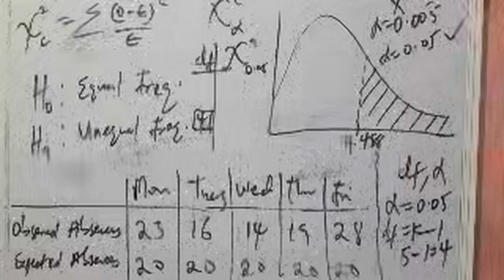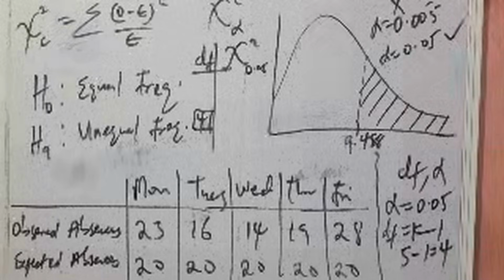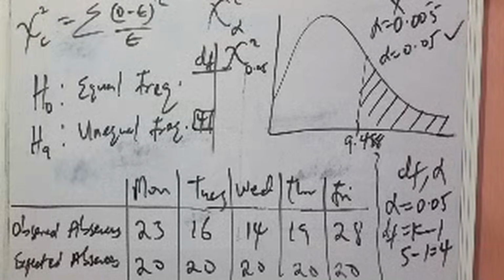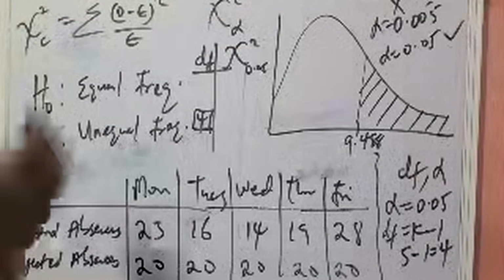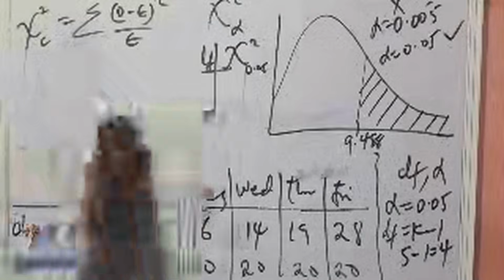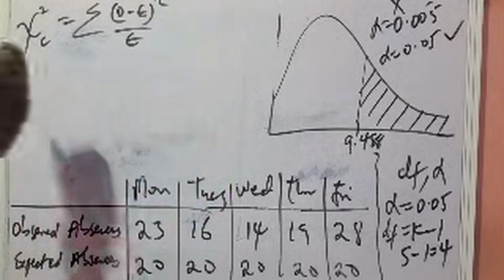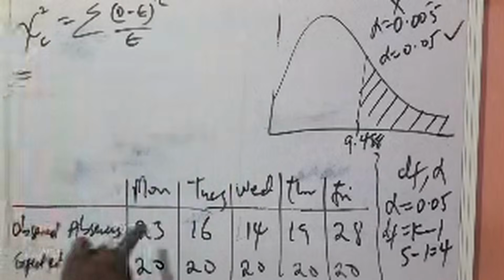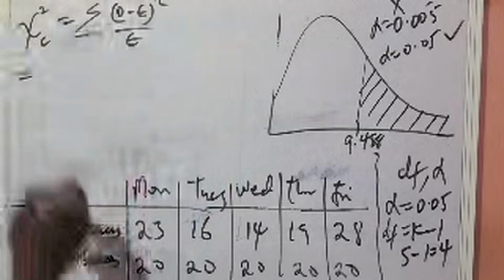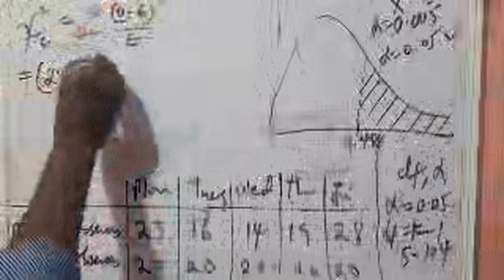Permit me to clean this up. So for the chi-square calculated value, the observed is 23. You have 23 minus 20, squared, over 20, for that first category.